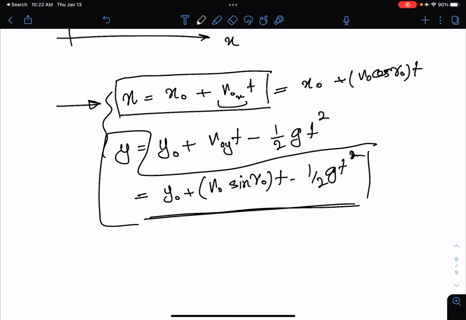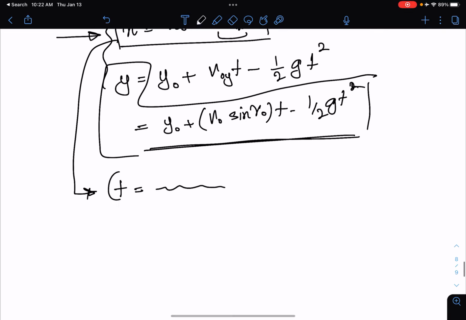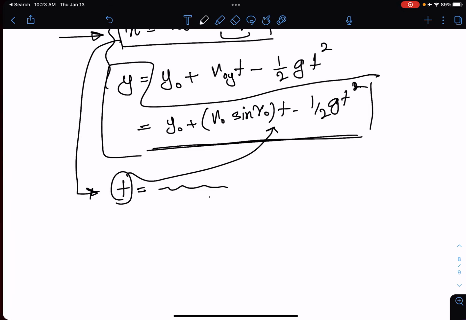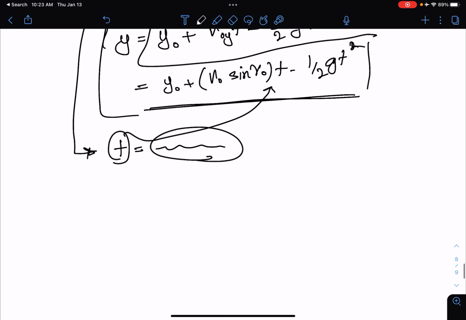But here we want to find the trajectory, so we need the relationship between x and y. How can we do that? Solve x for t, plug it in y. Exactly. We solve for t from the x equation, and then substitute t in our y equation, which eventually is going to give you this trajectory.